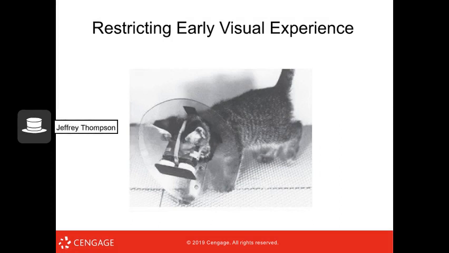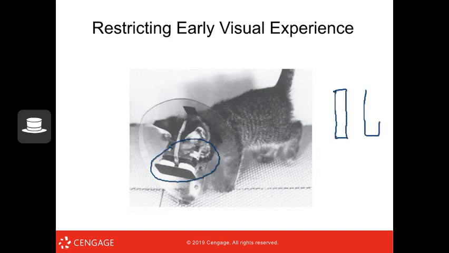So I know what you're wondering. How do you test how to restrict early visual experience? Is it by putting cats in what look like VR goggles and a cone? Why, yes, it is by putting little kittens in these little goggles, which only give a very narrow visual experience.